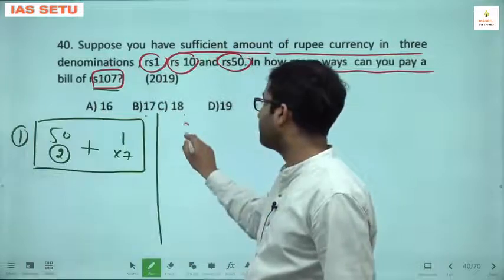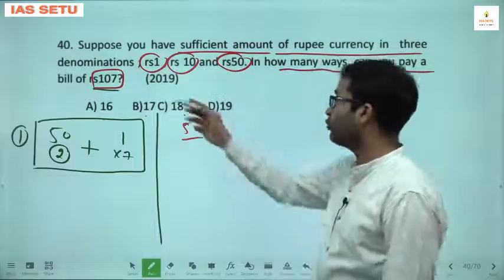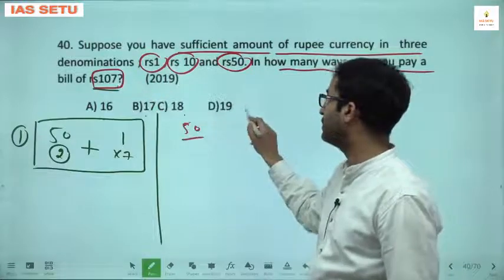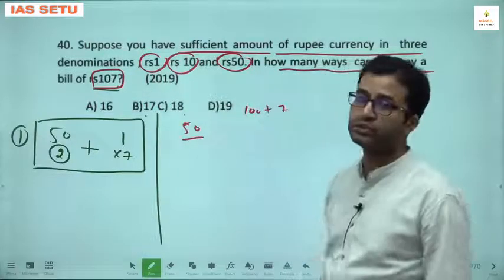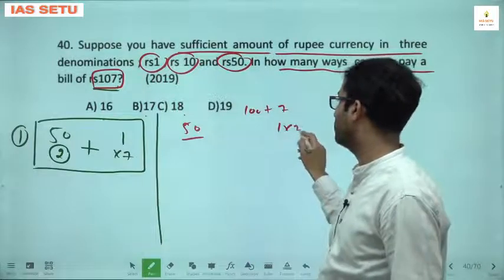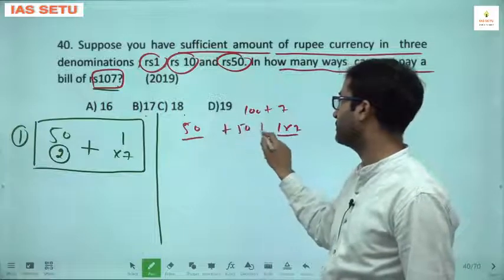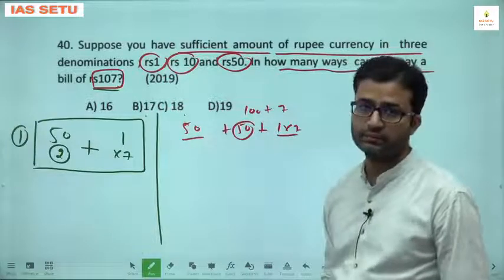Second is when I take one currency note of 50. For this, 7 is actually 100 plus 7. You cannot use either 10 or 50 for that. You have to use only 1s. After that, for the rest of the 50 rupees, you have a choice.